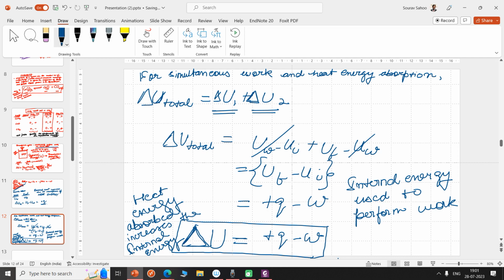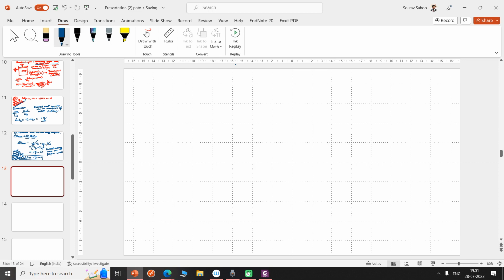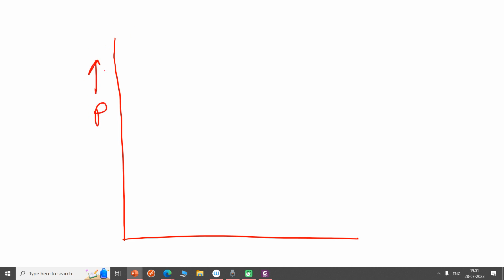Graphically we can represent it, because I have mentioned that internal energy is a state variable. So let's say we have pressure and volume here.